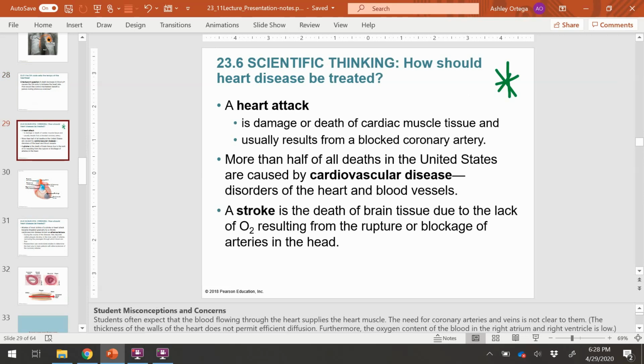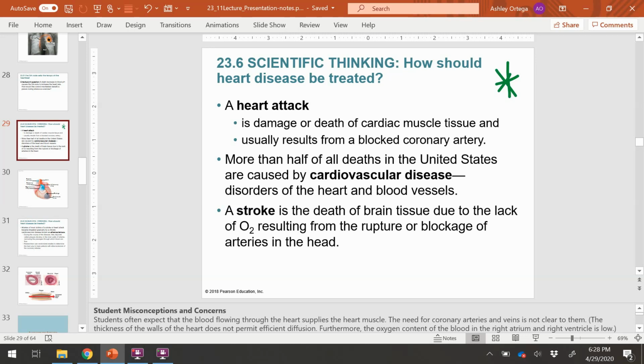All right, in terms of complications of the cardiovascular system, a heart attack is defined as the damage or death of cardiac muscle tissue. This usually results from a blocked coronary artery. That's something we haven't looked at yet, which we'll be able to see on this next image. A coronary artery is an artery carrying oxygen-rich blood to the heart.